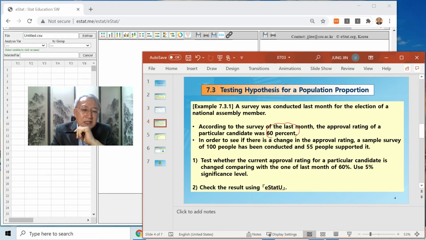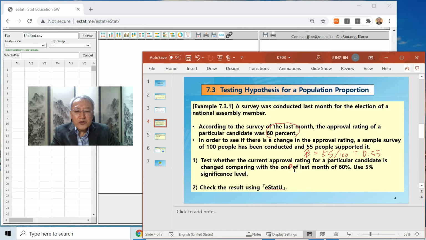In order to see whether there is a change in the approval rating, a sample survey of 100 persons shows that 55 people approve, that means the sample proportion P hat is 55 divided by 100, that's 0.55. You want to test these things.